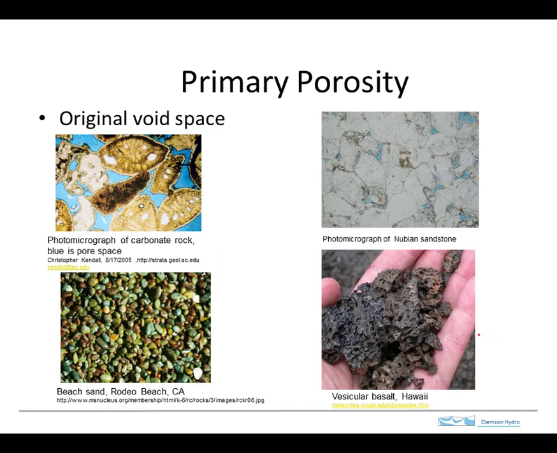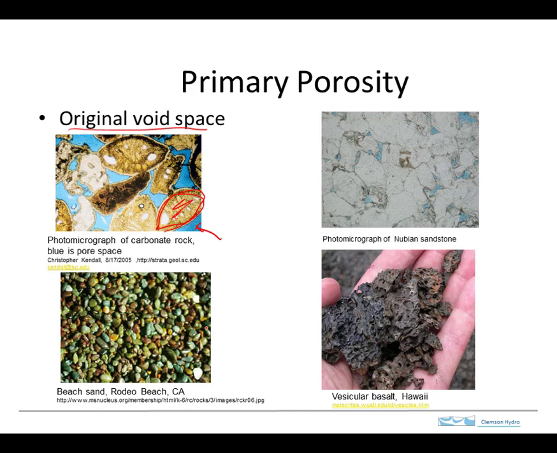properties of porous media. Okay, so primary porosity, this is the original void space, and there are many different ways that rocks form, and so there are many different geometries and types of primary porosity. Here's a carbonate rock, and so there's some kind of carbonate material from some kind of organism, and we see the primary porosity between them.